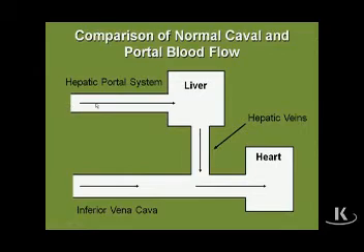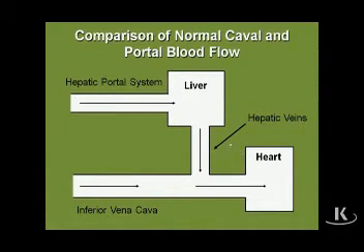The blood that drains into the portal vein, in order for that blood to get back to the heart, it has to go through the liver, through the sinusoids of the liver, then exit the liver, enter the hepatic veins. Then those hepatic veins get into the inferior vena cava to get to the heart.